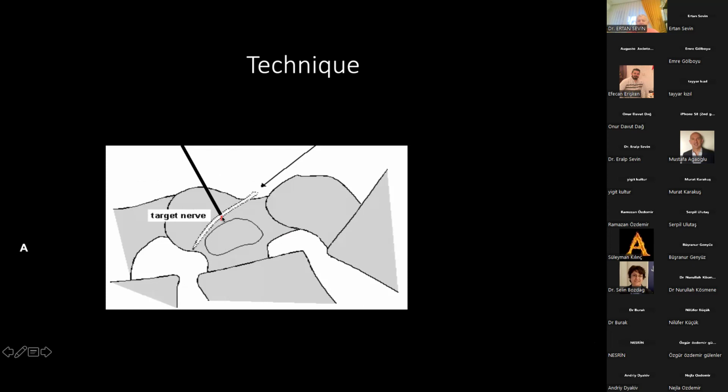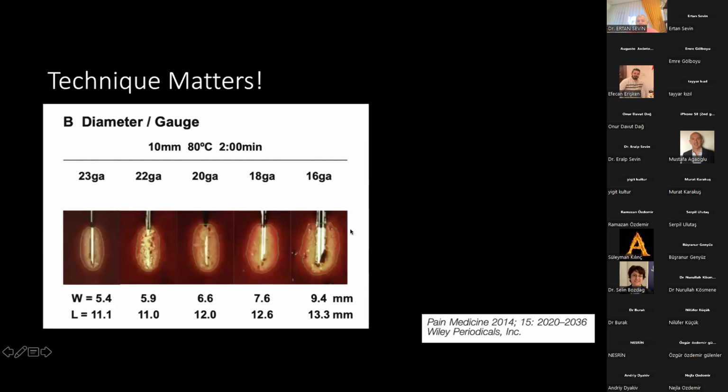If you were half a centimeter too medial or too lateral and your needle isn't directly down on the nerve, you'd miss it. And you also see from these slides that the lesions from these needles extend along the length of the needle tip. They don't project outward from the tip. So in the case below here, only this bottom part of the lesion would get the nerve.